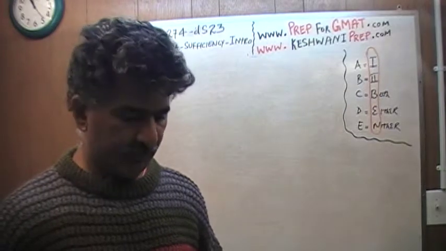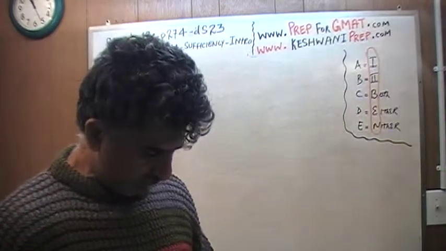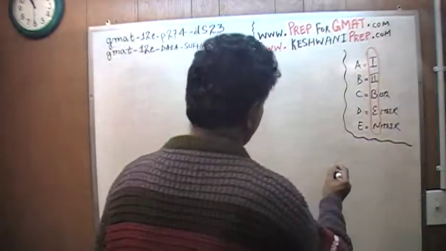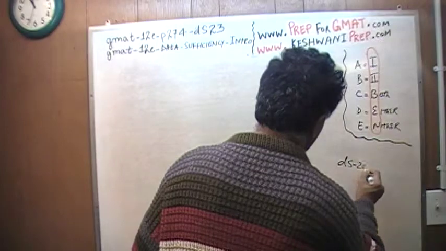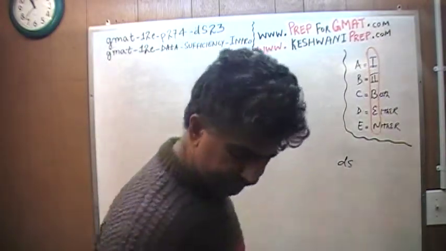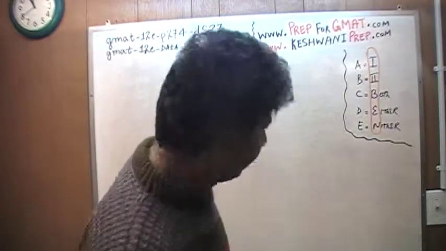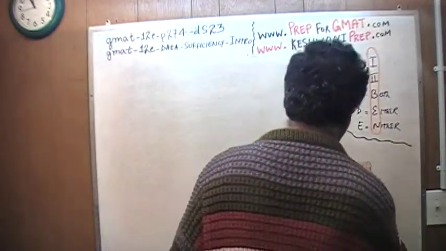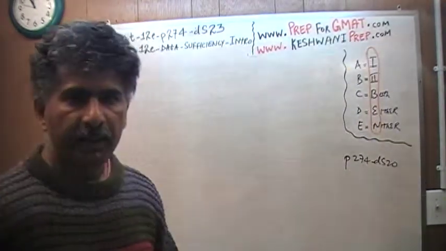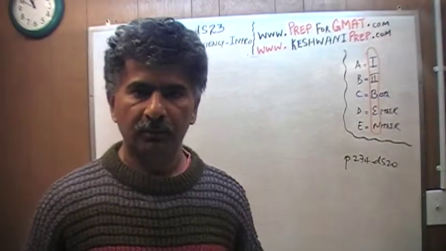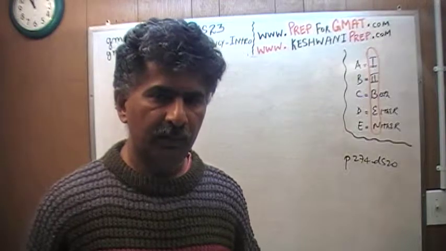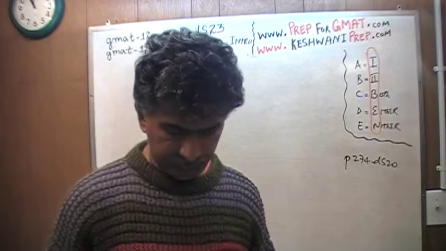If you still do not know what I'm talking about, go back and watch the video that I just finished taping for data sufficiency, number 20, in which I talk about what it means for two things to be proportional and what it means to be strictly proportional.